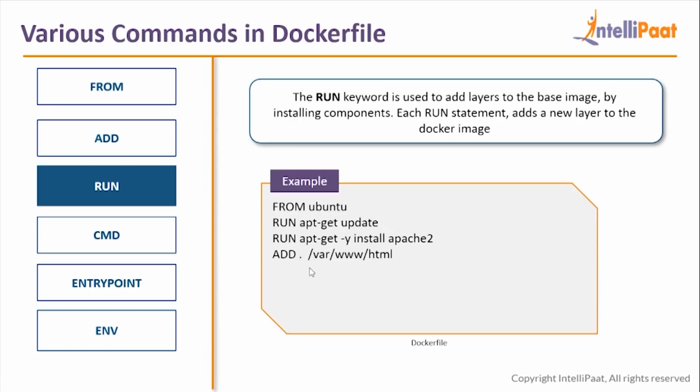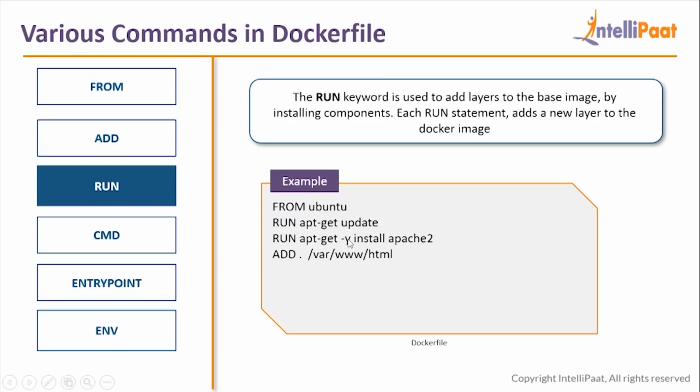The third is RUN. Whenever you want to run any command in the container, for example, I ran apt-get update and apt-get install apache2 inside the container, right? If you want to run the same commands from the Dockerfile, you can do that using the command RUN. Over here, there are two commands that I want to run. The first is apt-get update and the second is apt-get install apache2.